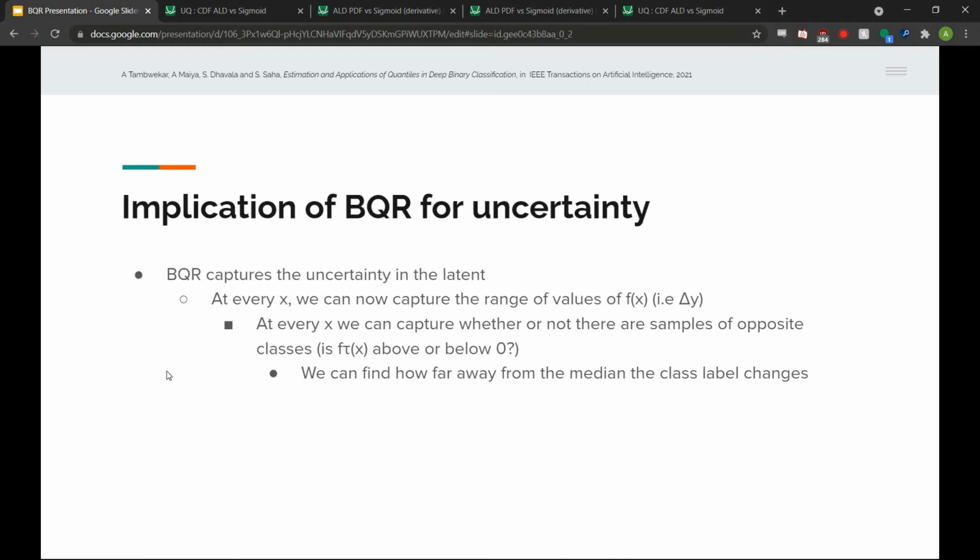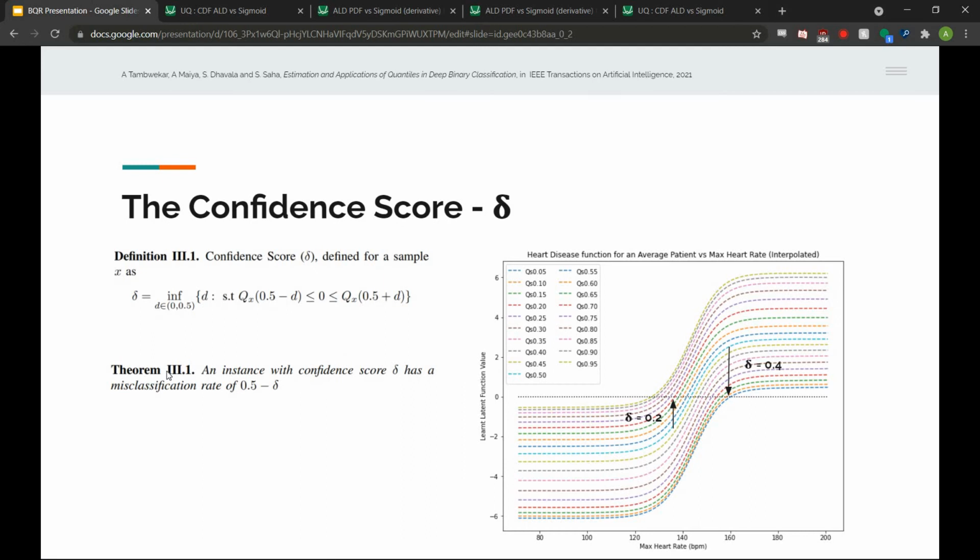And we can also find how far away from the median this class label can change, which means we're able to make a quantifiable metric that can be used to determine classification uncertainty. So that's what we call our confidence score, delta. Now, this is the formal definition, but in short, delta is basically how far away we need to move from the median for our class label to change.